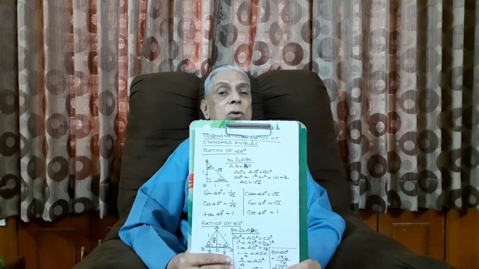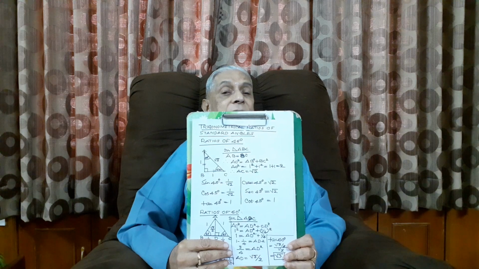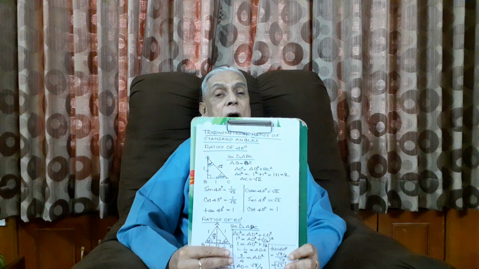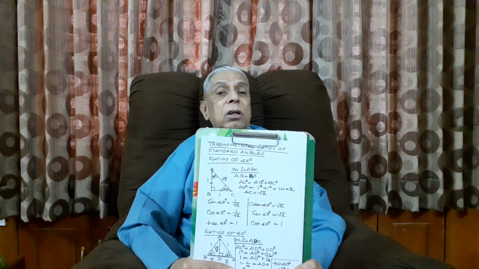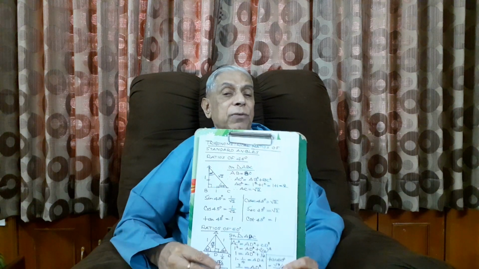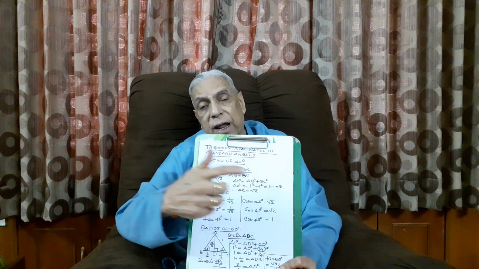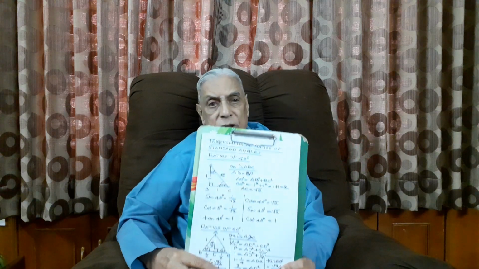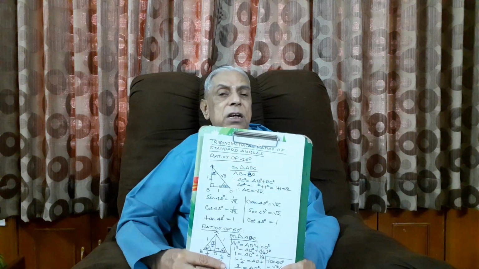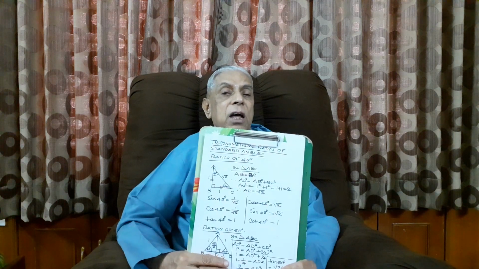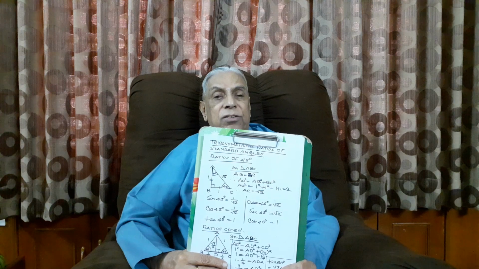If I want to find out the trigonometrical ratios of 45 degrees, each acute angle must be equal to 45 degrees. The two sides must be equal, that is, AB must be equal to BC. What kind of triangle is that? It is an isosceles triangle, therefore a right isosceles triangle.